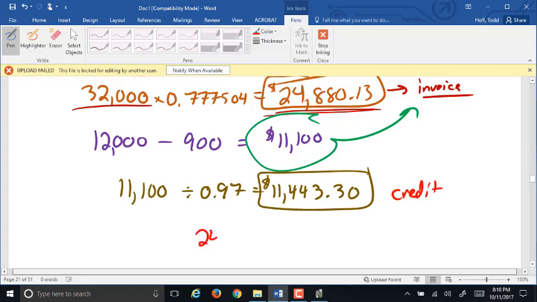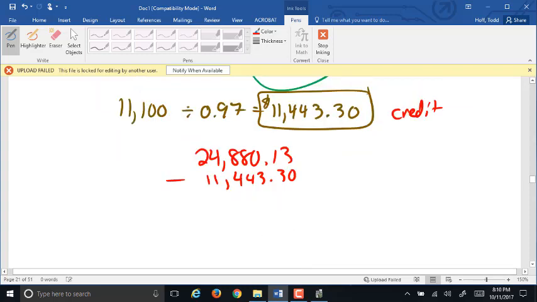So we're going to take the 24,880.13 minus 11,443.30. You got it, 13,436.83.